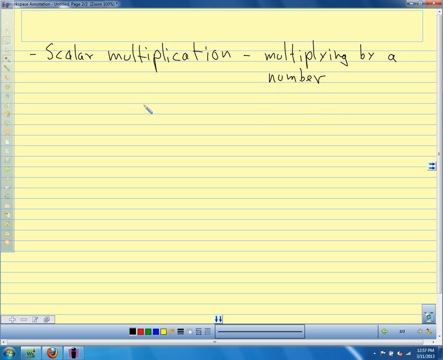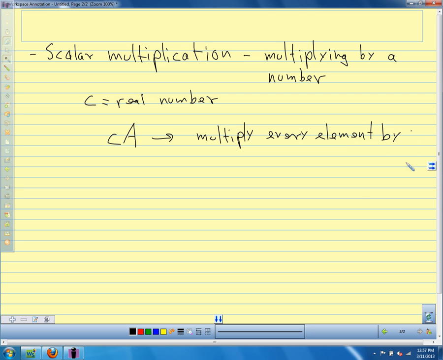So if C is some number, and we're multiplying C times A, what we do when we multiply a matrix by a real number is just multiply every element by C. So again, another really easy idea, really easy operation. We just multiply every element by C.